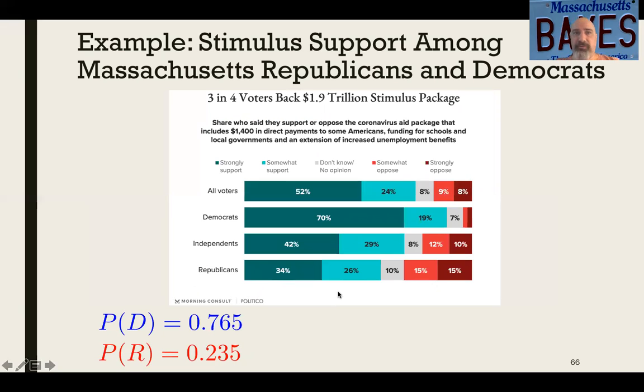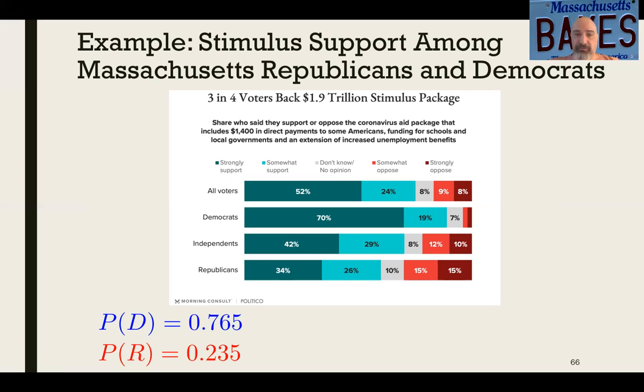And then I use this information from Politico from a poll at around the same time. Again, the assumption, if I'm going to use this, is that the breakdown among Democrats and Republicans in Massachusetts is the same as in the country at large. That's not strictly true. But we don't have information about Massachusetts specifically, so it is reasonable, if we're thinking about measuring our beliefs, to use what we have at the national level.